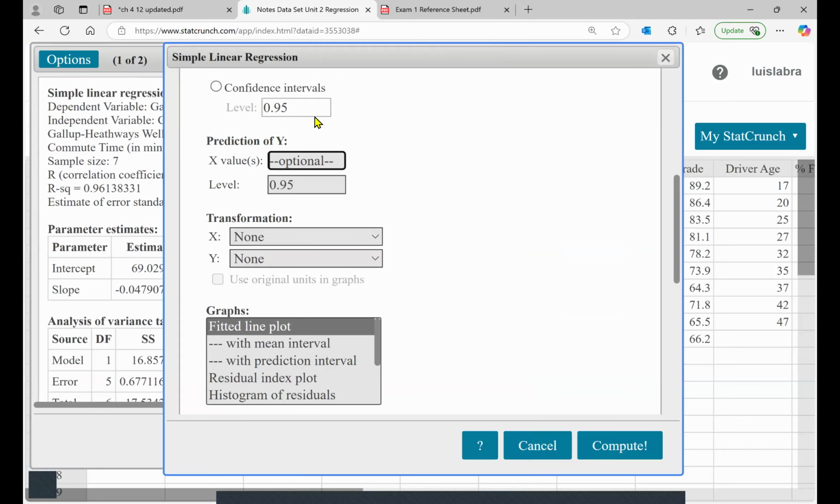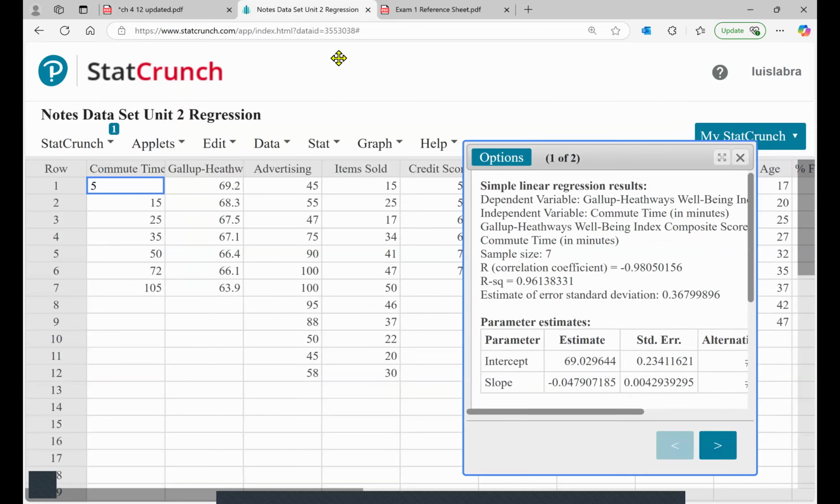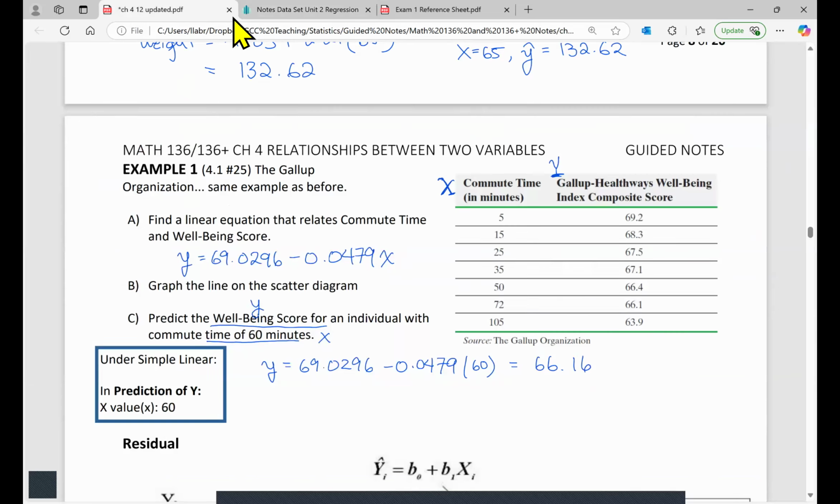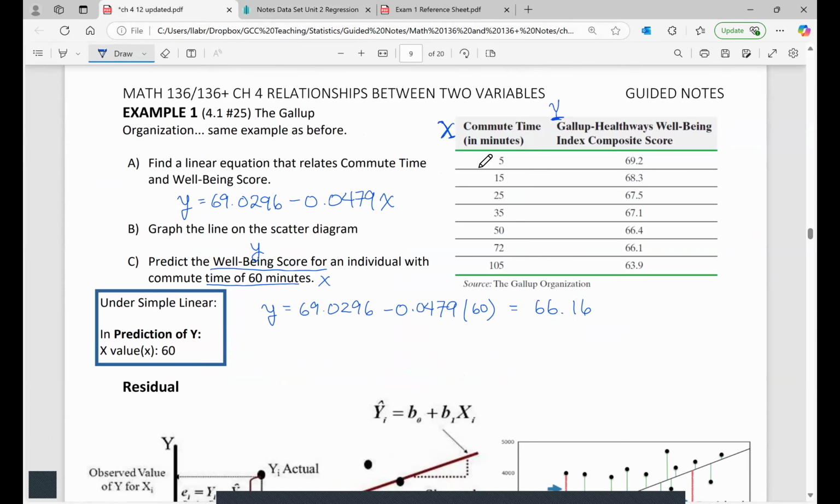It says, what Y value do you want to predict? So in other words, all you got to do is give it the X value. And the X value that we have is 60, remember, because that's what I substituted for X manually. And if you press compute, scroll down, and you see here you have X value is 60. And then you have your predicted Y value, which is 66.155213. Depending on how many decimals you take, you're going to get different answers. So it'll be 66.16.